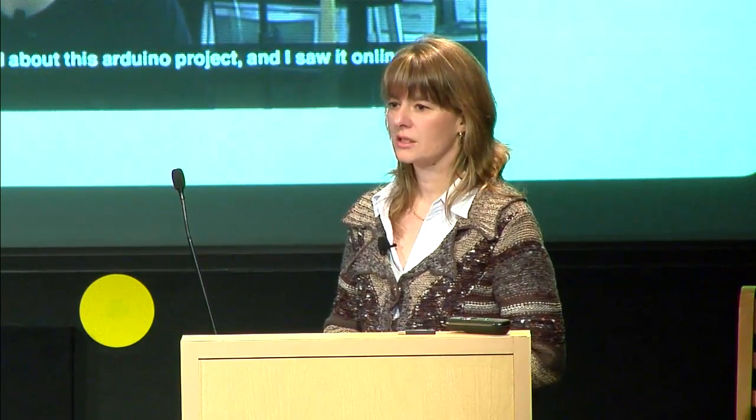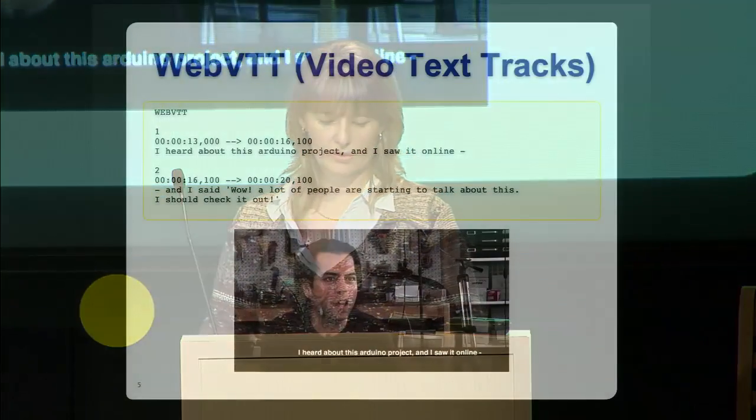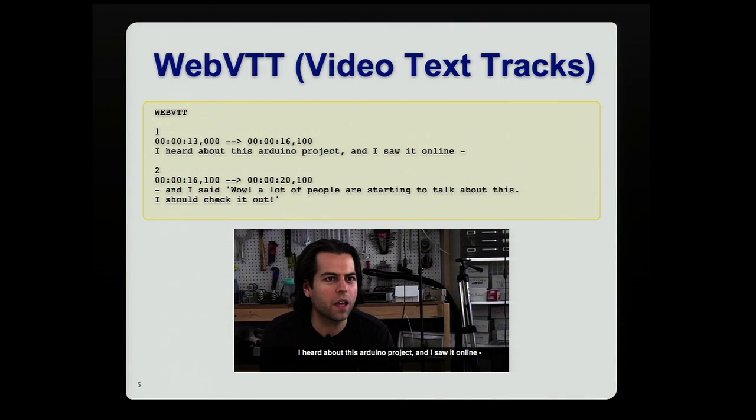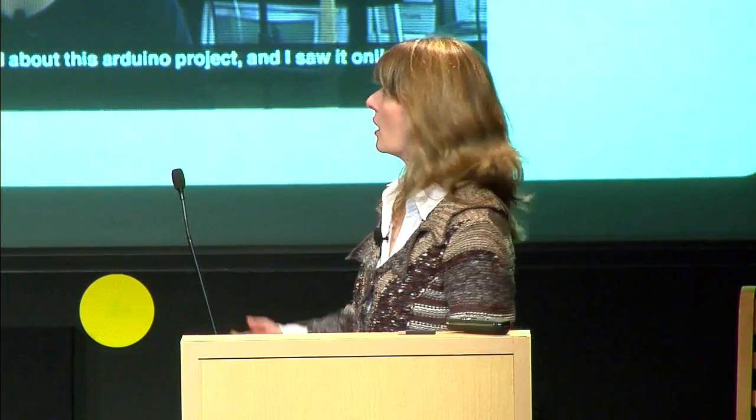So what we have discussed for browsers is a very simple format. It's called WebVTT, Video Text Tracks. This is one of the very simple files that we can think about, just a marker at the beginning of the file that identifies the file format. The captions or subtitles, let's call them cues, then have an individual identifier.